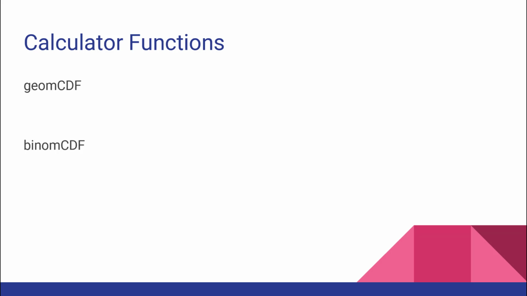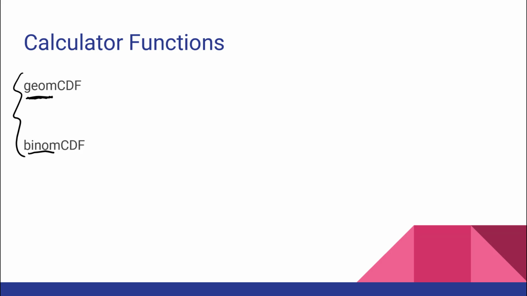So these are the calculator functions you really need for this unit. I will go really in detail with how to find these and how the exact notation works in my calculator video, but the main thing is that geometric CDF and binomial CDF are each used for their respective probability models.